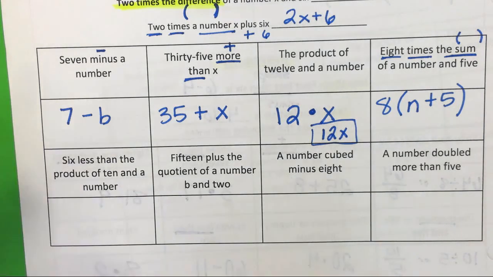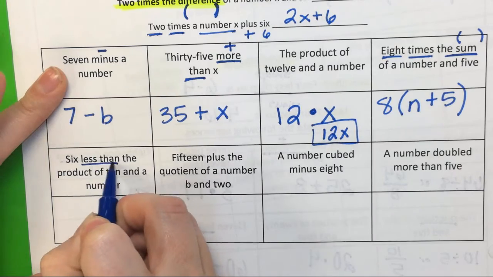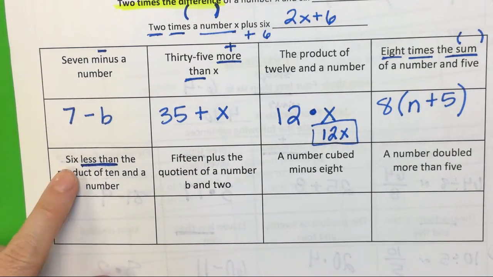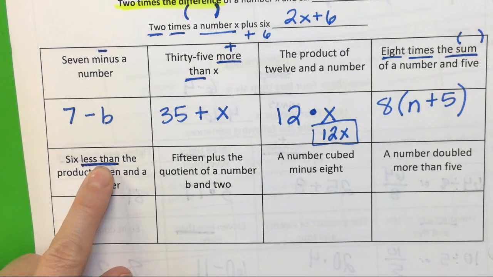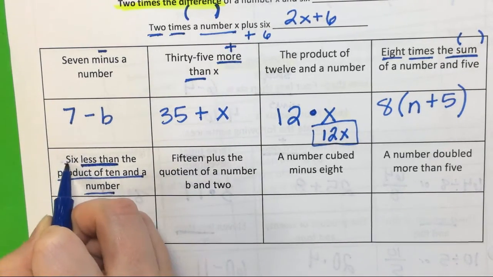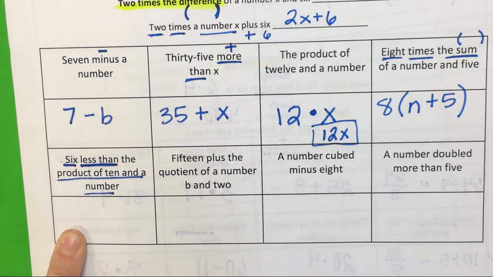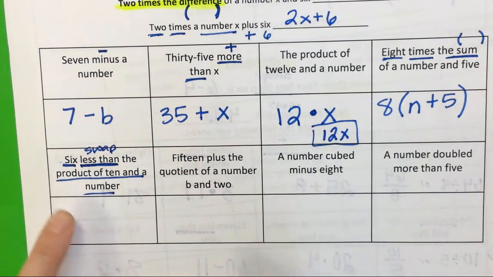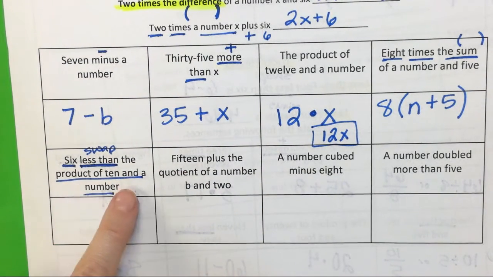Okay, so you've got to remember what we talked about with less than. It's on the front side of your paper if you don't remember. 6 less than the product of 10 and a number. So when it says less than, remember you have to swap the order. So first I'm going to write the product of 10 and a number.